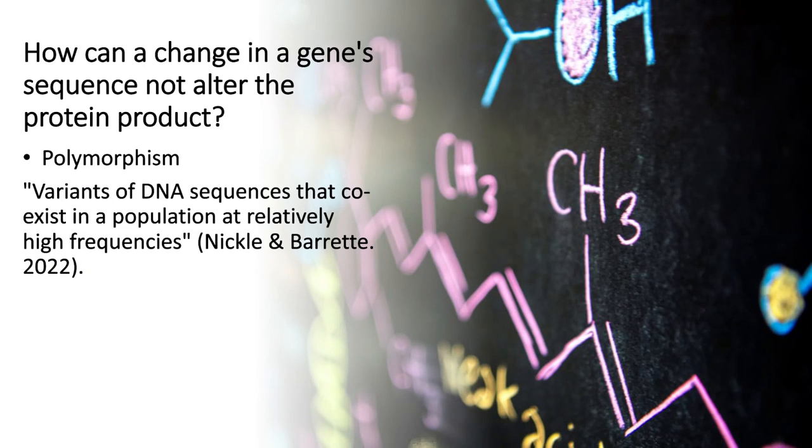This is because of a type of mutation called polymorphism, which is variants in the DNA sequences that coexist in a population. These are higher frequency mutations, and they make no change to the phenotype.